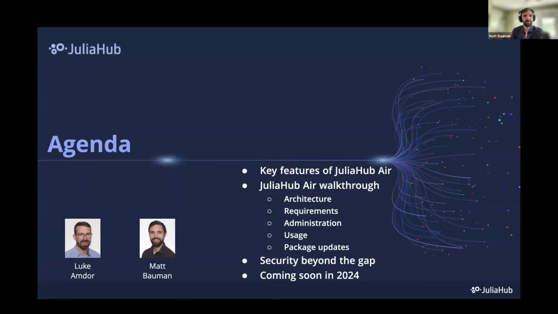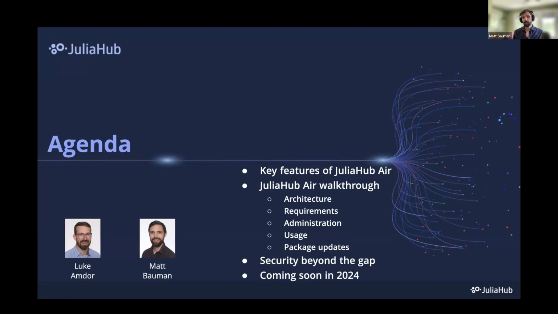Greetings, everyone. Thank you, Sanjeev. Thanks, everyone, for joining us today. I'm really happy to be giving this webinar on JuliaHub Air, our air gap solution for working with Julia in secure computing environments. I'll talk through a number of the key tentpole features that make up the JuliaHub Air offering.